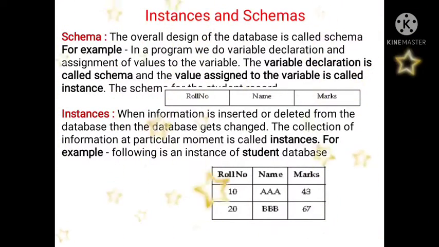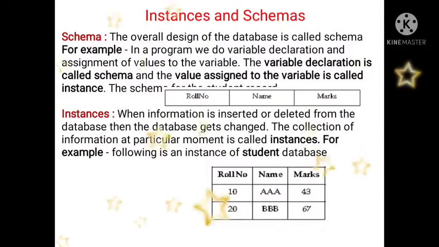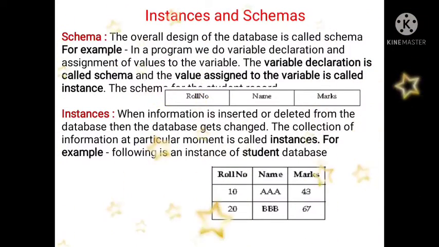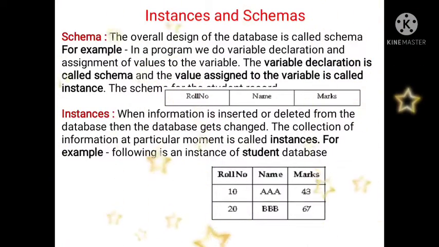This is called a schema, that is, the logical structure of the database. And next is instance. An instance is the operation going to be performed on that database, either insertion, deletion, modification, updation or storage. Those are identified by an instance.